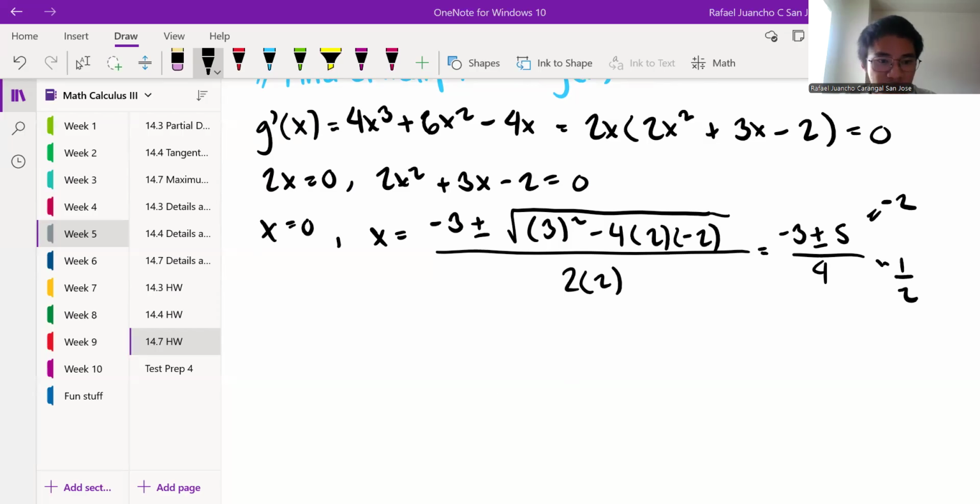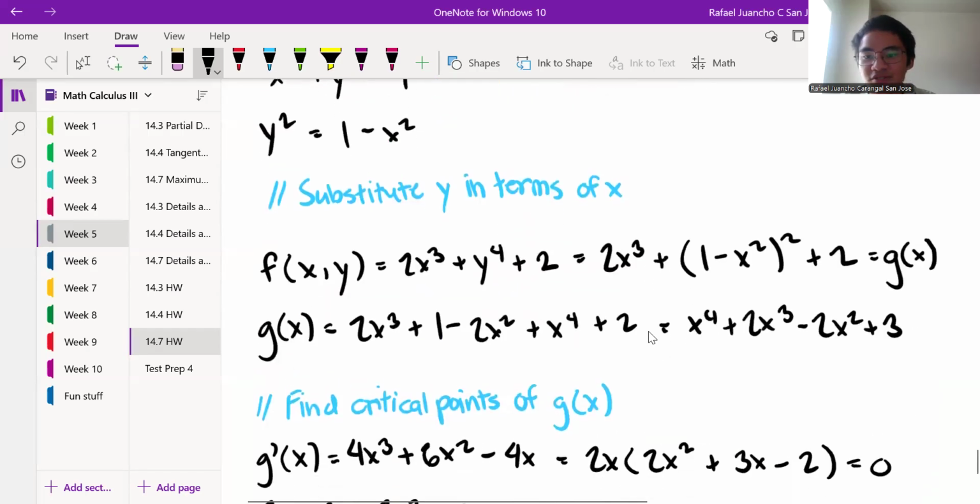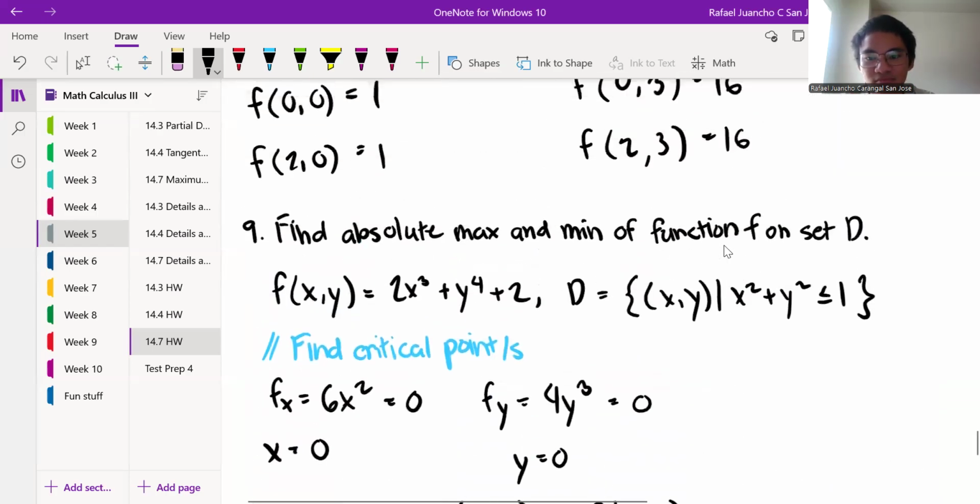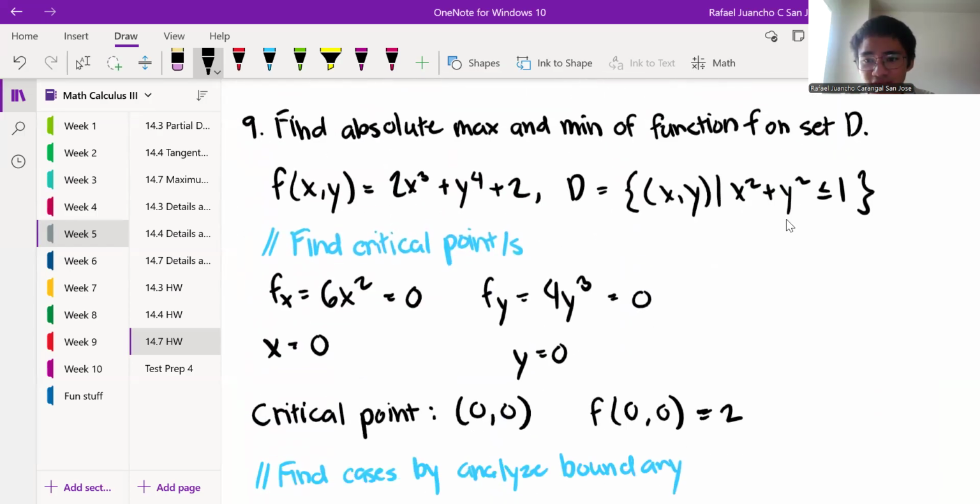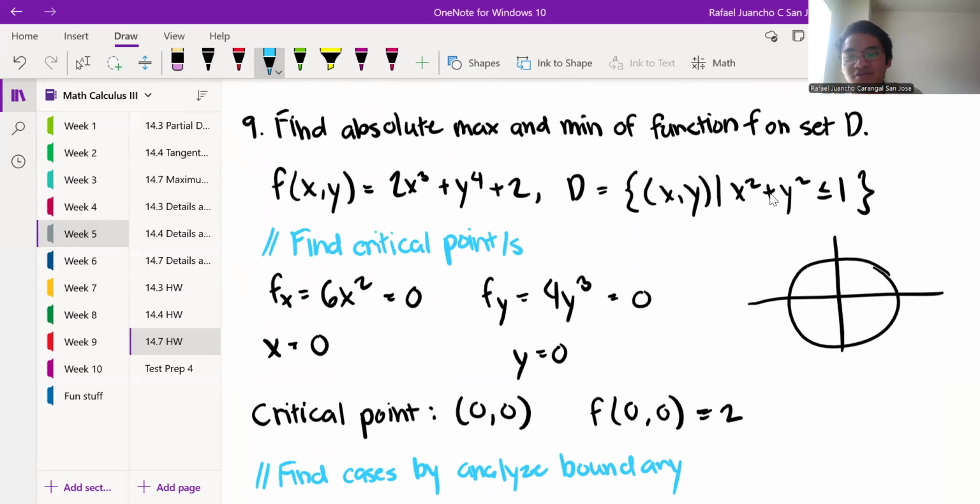The critical points are within negative 1 and 1 for my x, because I'm looking at a unit circle. This unit circle tells me my x is in between negative 1 and 1. So that's what it means to analyze the boundary. This is negative 1, this is 1. Radius of 1, this is 1, this is negative 1. My y and x plane, right?